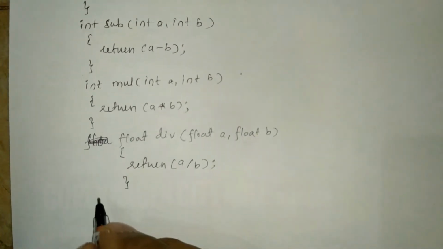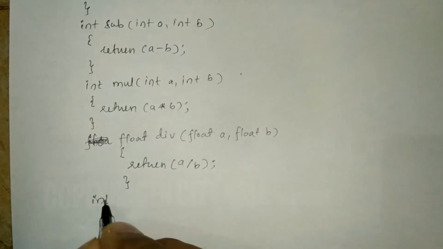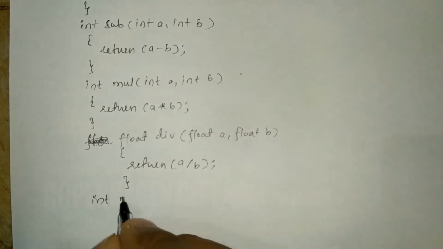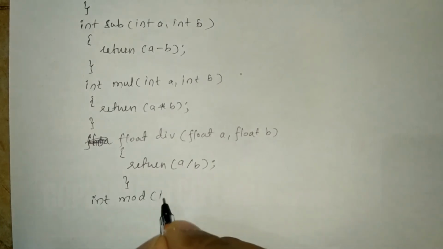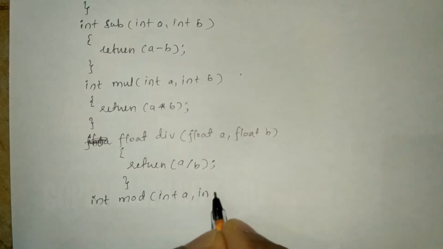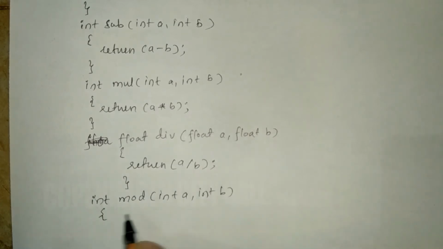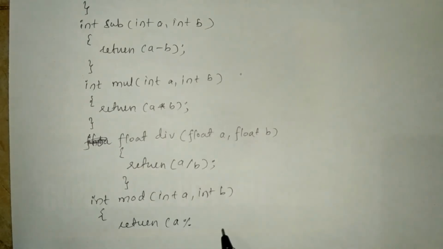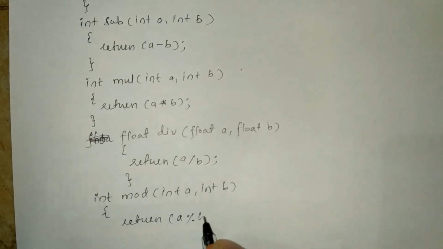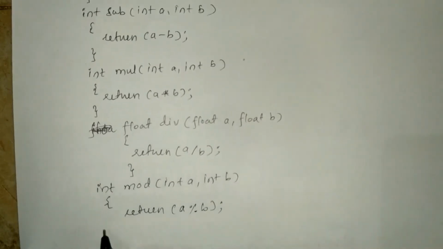Here I'm going to write the next function mod, int a comma int b, curly open brace, here we'll write return a, the percentage symbol represents modular division, by b, semicolon, curly closing brace.